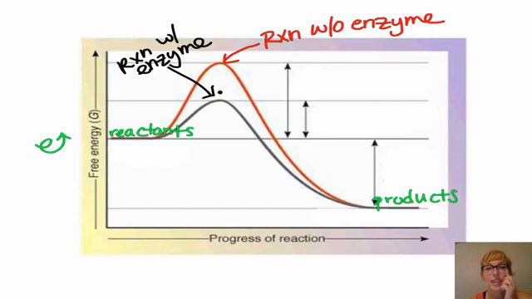Okay, so if this represents energy, we see that no matter what, energy has to be an input for a reaction to go from reactants to products. And I call this the energy hill.